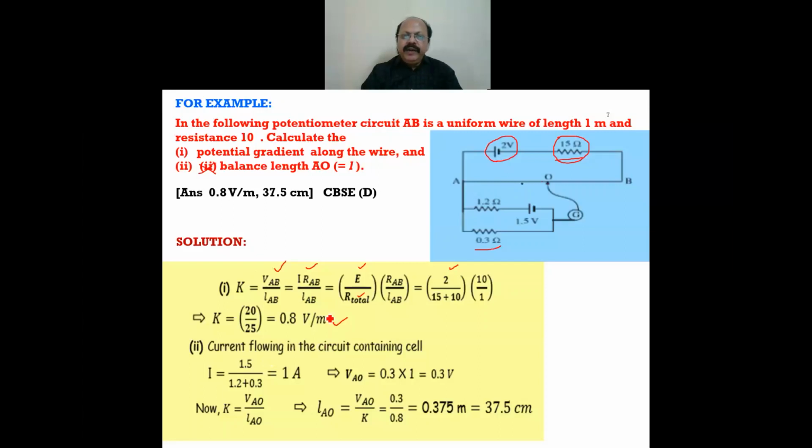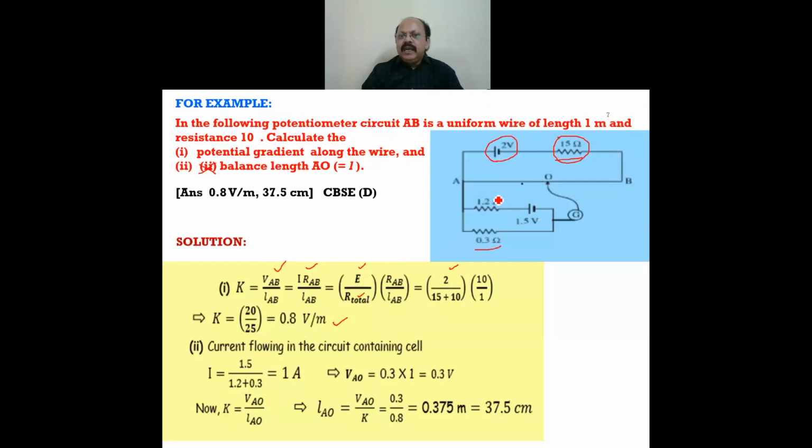So first we will find out how much current is flowing in this circuit, because we are going to find out the balancing length here. You see here, current equal to EMF of this cell divided by total resistance of this circuit.